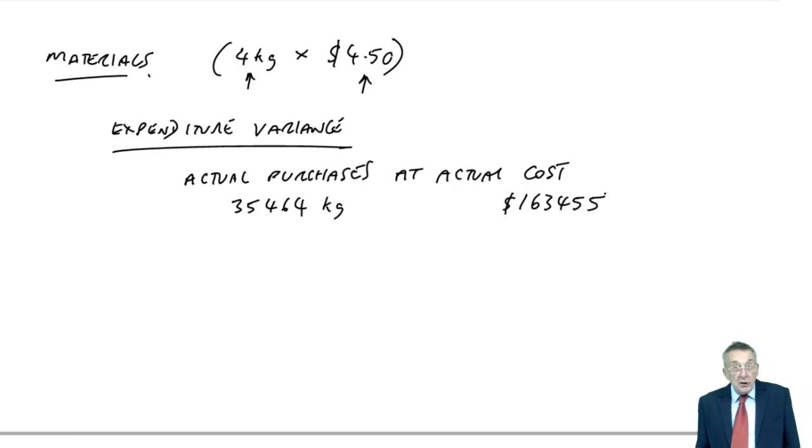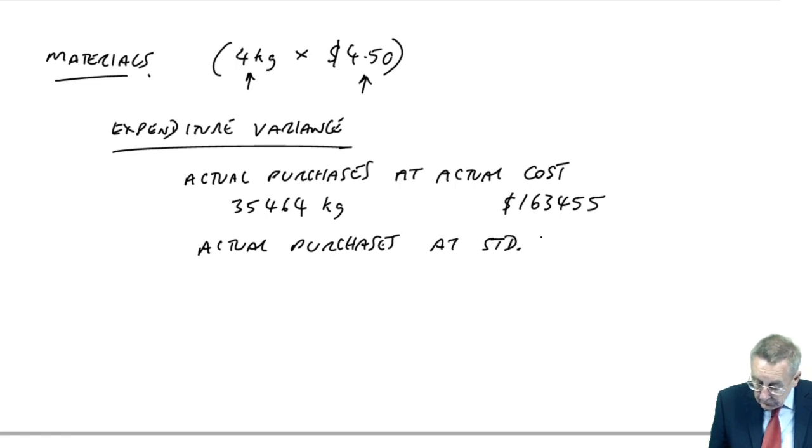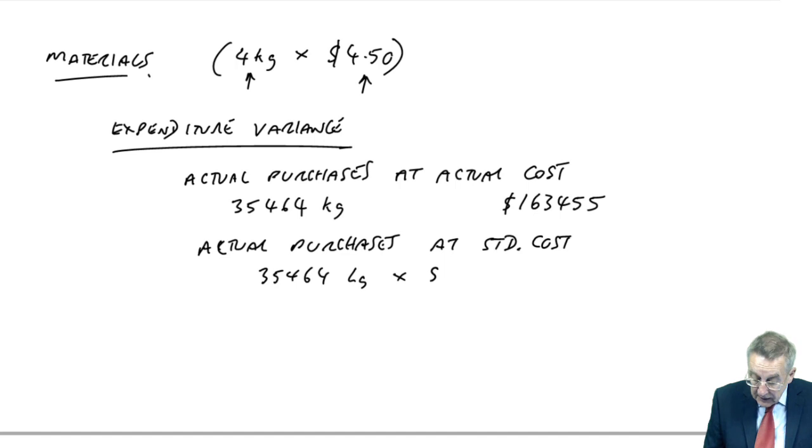Let's check what we should have paid, and therefore did we pay more or less. We compare it with the actual purchases again at the standard cost. It was 35,464 kilos we bought. We should have paid from the cost card $4.50 per kilo.